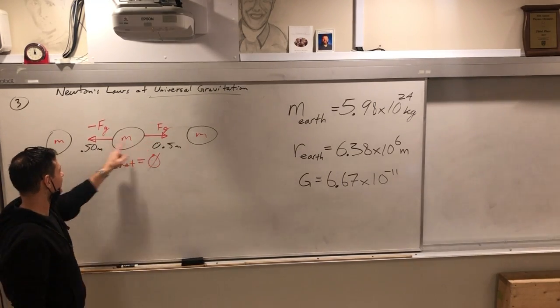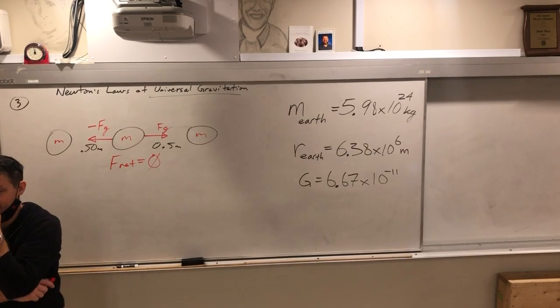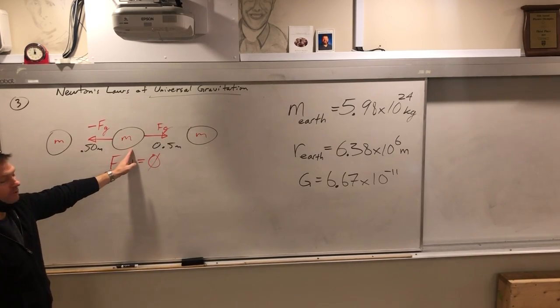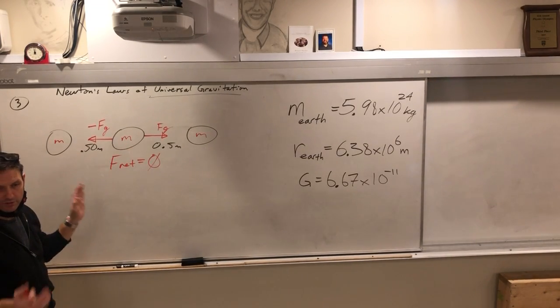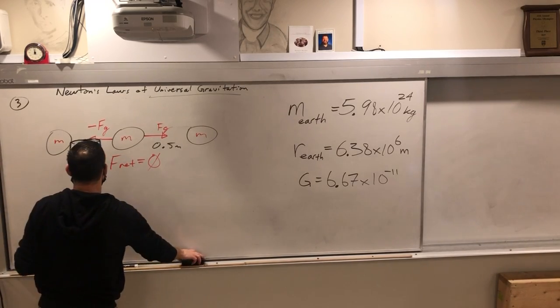This grows a lot, and that shrinks a lot. So it's gonna whack into that thing. But if it's right in the middle and nobody touches it, net force 0, that thing will just sit there. Okay, so that's it.